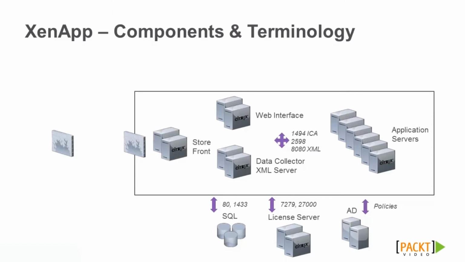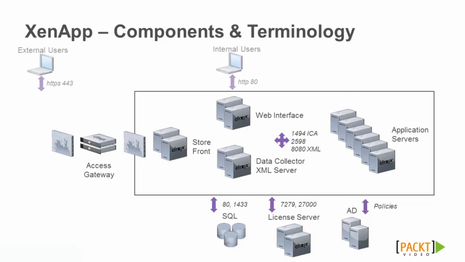Storefront authenticates users to the XenApp farm, and Access Gateway provides secure access to Citrix XenApp applications and desktops. Citrix Receiver is the universal software client that provides secure, high-definition, high-performance delivery of applications.